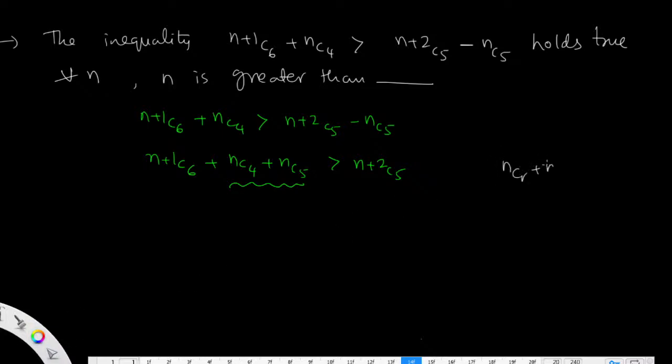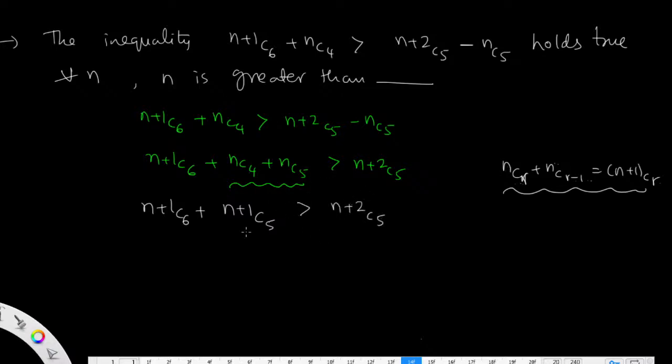NCR plus NCR minus 1 equal to n plus 1 CR. If the numbers n are same and the next denominator suffix r and r minus 1, write the bigger value CR by adding n as n plus 1. So n plus 1 C6 plus n plus 1 C5, which is greater than n plus 2 C5.